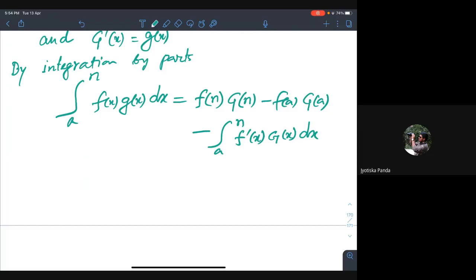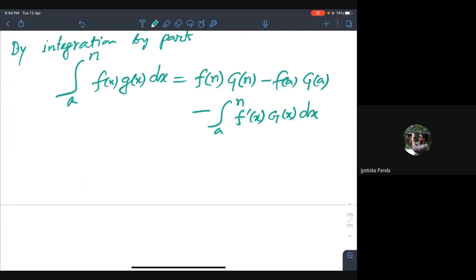Now we need the limit to exist, right? So here it is a condition: the limit as n tends to infinity of f(n)G(n) exists. So this is a condition.